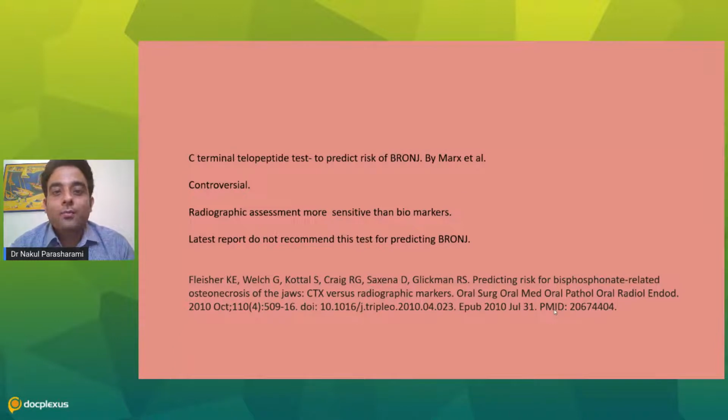This test was suggested by Marx as a predictor for osteoradionecrosis, but it is a controversial test. It was suggested that if values are more than 150, the implant surgery can be performed with minimum risk and without suspension of the medication. If the values are less than 150, the medication should be stopped for a period of 4 to 6 months.